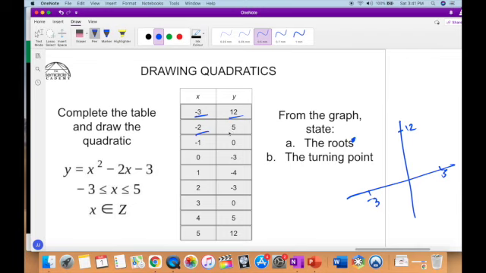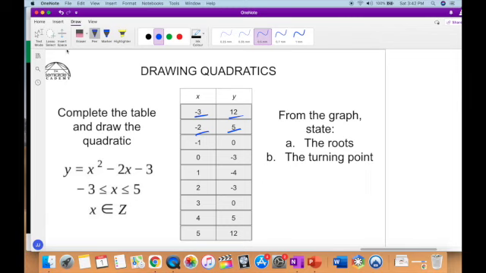The next point is -2, 5. -1, 0 will be here. 0, -3 might be somewhere here. 1, -4 is going to be here. Going up the road now, and then you connect, and you should get something like that. And tell me what the roots are, what the turning point is, right?